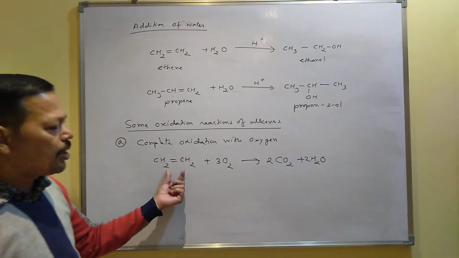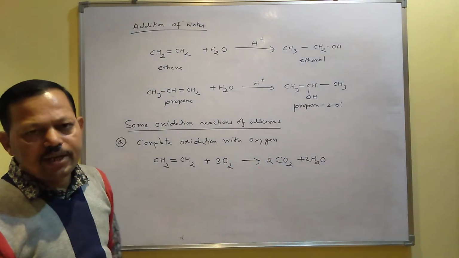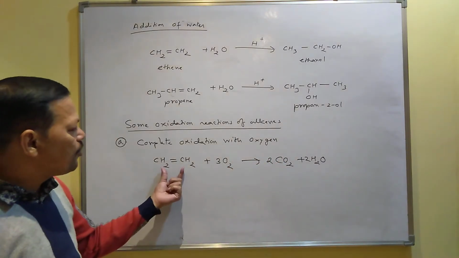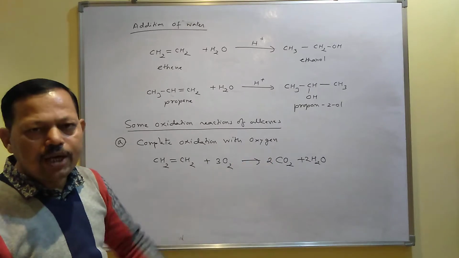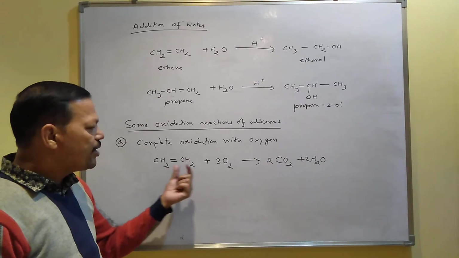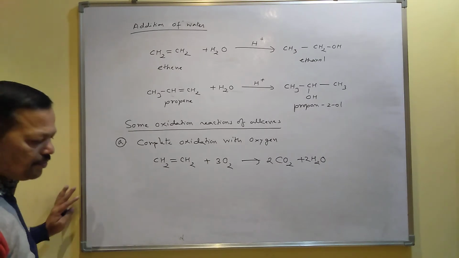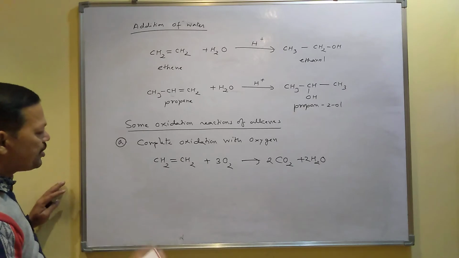Normally any hydrocarbon, when you burn it in oxygen, produces carbon dioxide and water. Like alkane, alkane when it reacts with oxygen also produces carbon dioxide and water. In the same way, alkene also produces carbon dioxide and water when you burn with oxygen. So this is one of the oxidations.